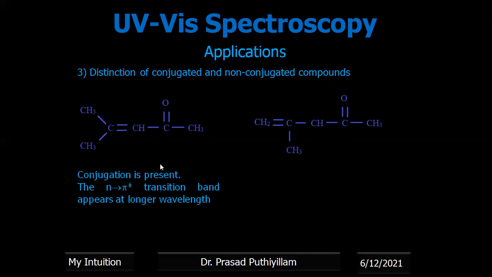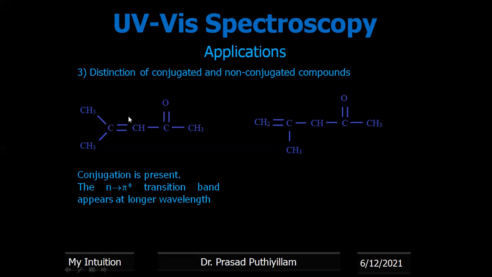If conjugation is present and an oxygen heteroatom is there, oxygen has a lone pair of electrons, so the n to pi star transition is possible. Because of the lone pair of electrons, it can jump to the pi star state. This pi is in the bonding state. If they repel, it becomes anti-bonding.